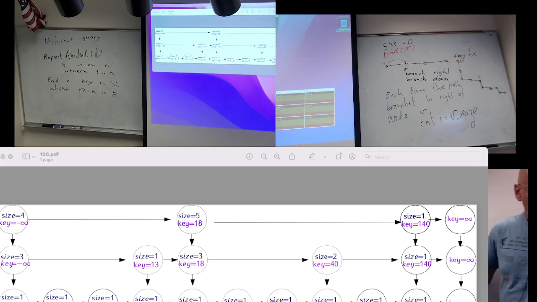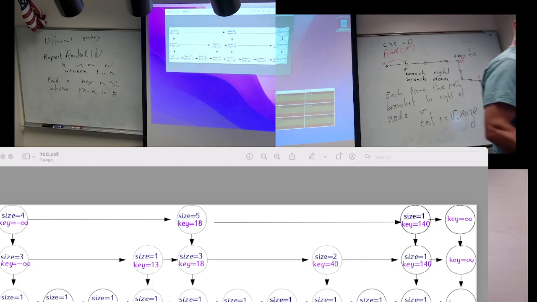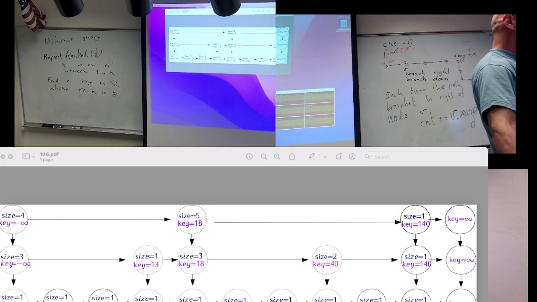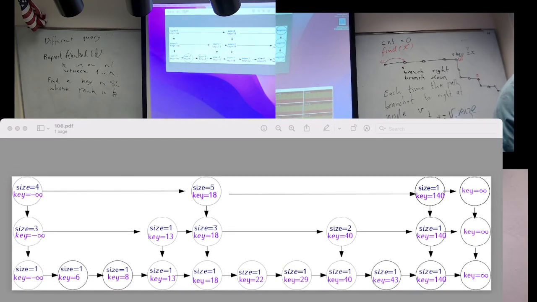So the hint is, of course, to use the same size field and to decide using the size field.